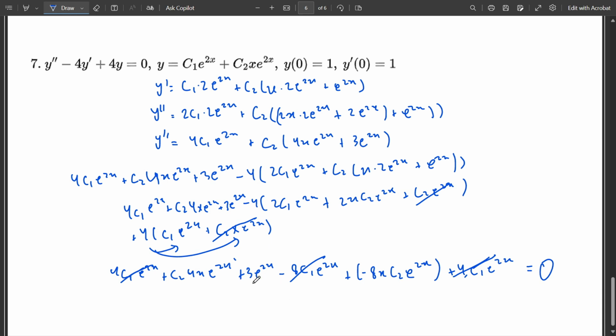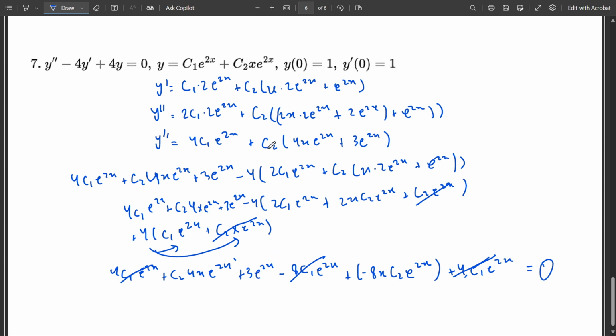This is plus 3e to the 2x from here, so there's no c2 here, right? Oh wait, there is c2, because when you distribute this, you'll have c2.